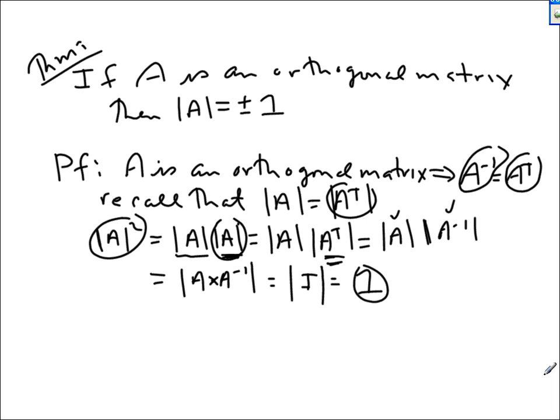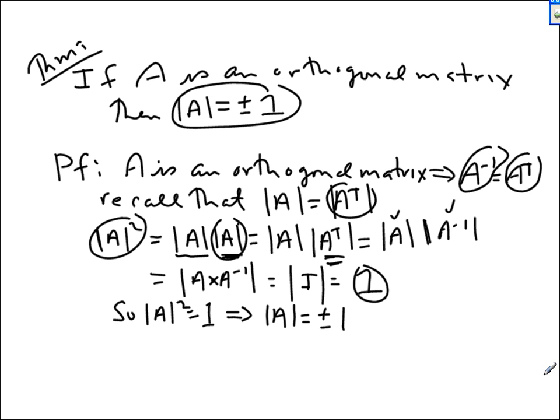There's only a couple of numbers that, when you square them, give you 1. So the determinant of A is either 1 or negative 1. And that is what I wanted to prove. The determinant of A is plus or minus 1.